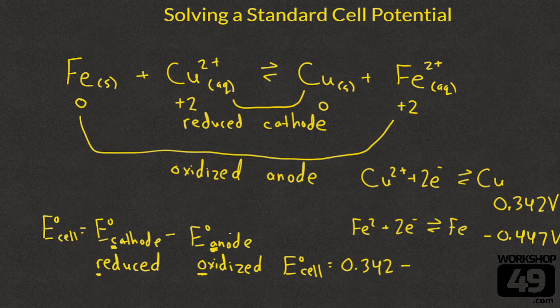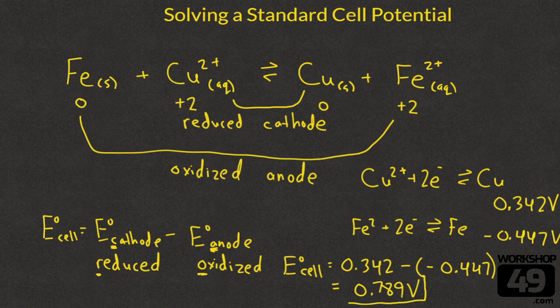Subtract the standard cell potential of our anode, -0.447, and we do this calculation, and it is going to equal 0.789 volts. And that's the standard cell potential of this reaction. This little reaction here could produce 0.789 volts. Let's go ahead and take a look at another one.